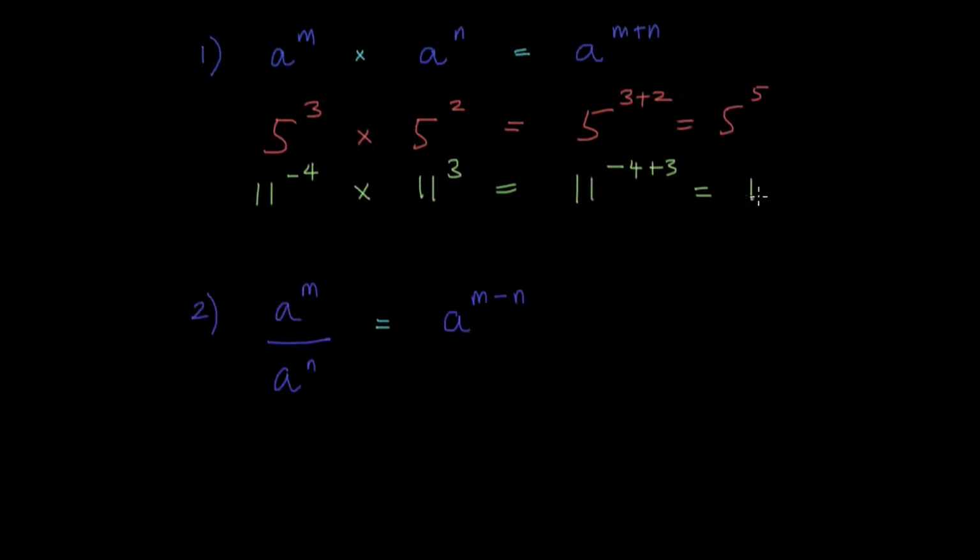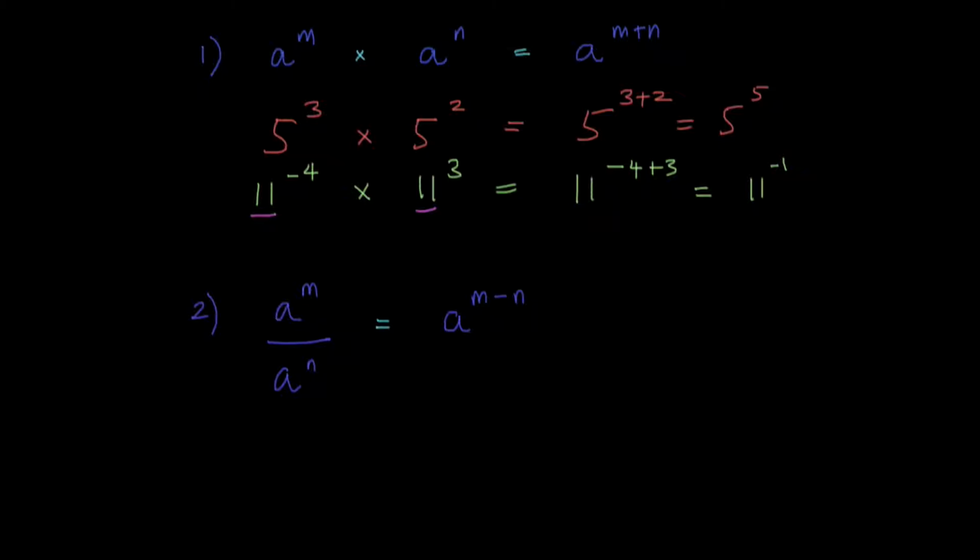And that would give me 11 raised to the negative 1st power. Okay, so whether the exponent is a negative or a positive value, it doesn't matter. If you're multiplying them and they have the same base, so remember this only applies when the bases are the same. So if the bases are the same and you're multiplying them, then you add the exponents.